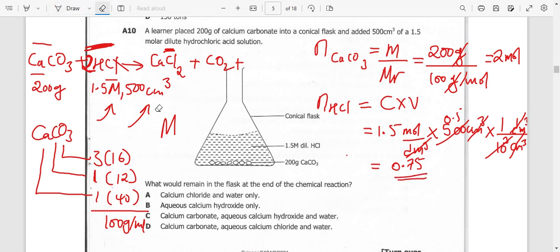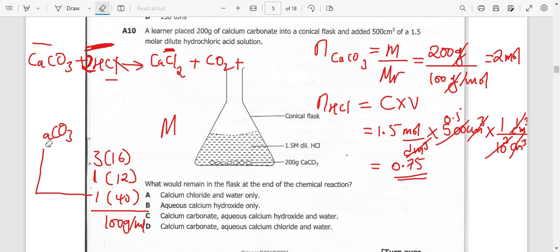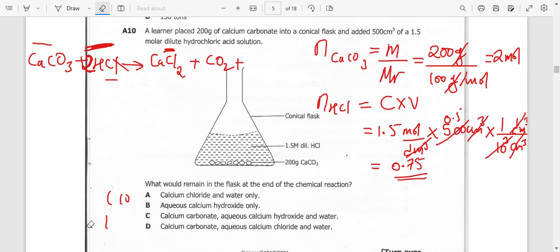Now, when you want to see which one is the limiting reagent, you need to take note of the balanced reaction. Otherwise, if you don't consider a balanced reaction, you are going to get a wrong value. Okay? So, how do you now determine which one is the limiting reagent, which one is the excess reagent?